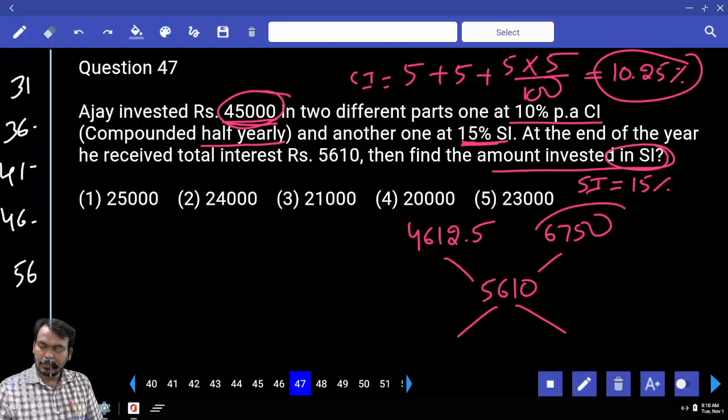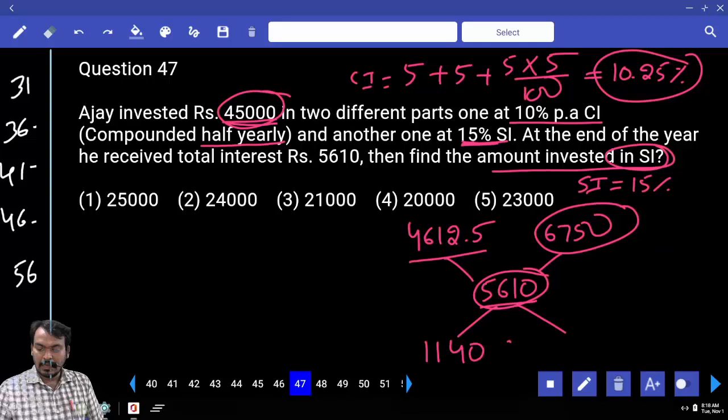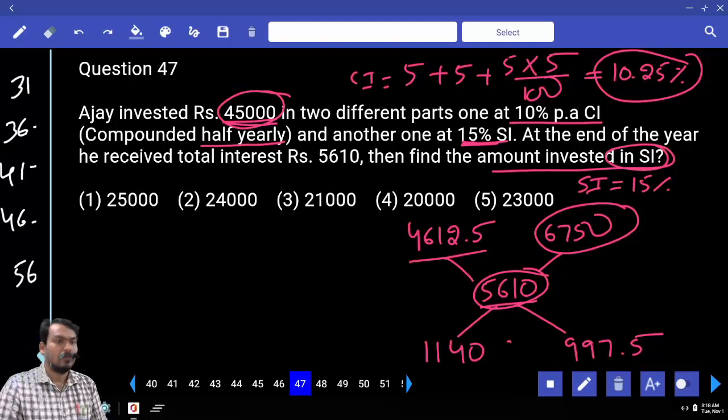What is the difference between 6,750 and 5,610? 1,140. Next, what is the difference between 5,610 and 4612.5? 997.5. Okay.